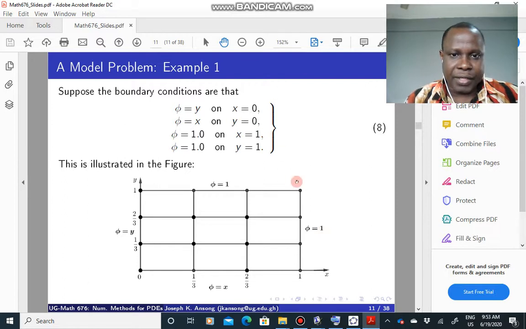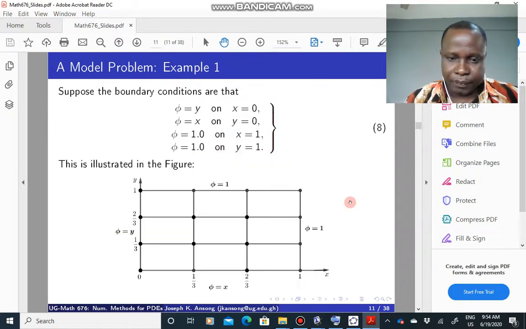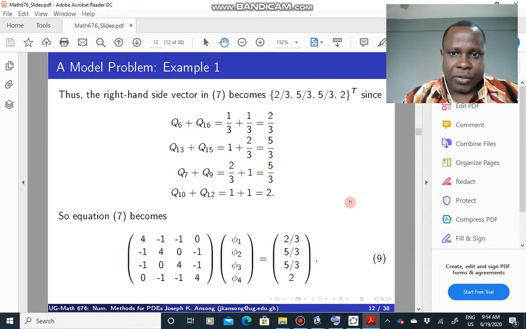So these are given by this. All you do now is go back to the equations and apply the boundary conditions to the system. Note that we got the system. So all you need is to get phi 6 and phi 16 and add them up, 13 and 15 and add them, and so on. If you do that, the right hand side vector becomes this, because phi 6 plus phi 16 will be 1/3 plus 1/3, which is 2/3.